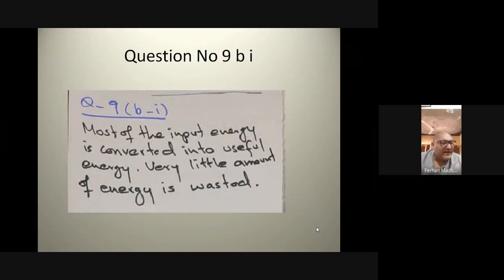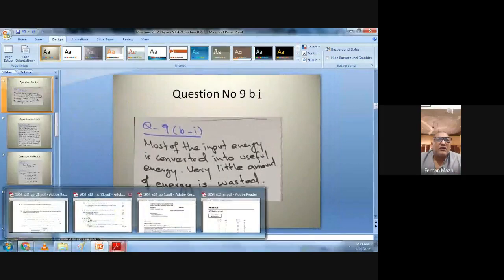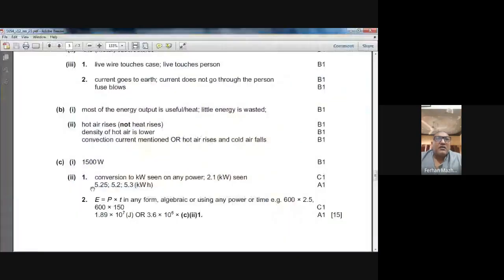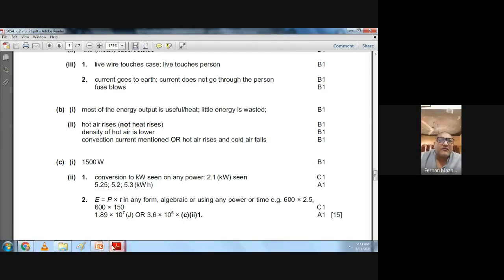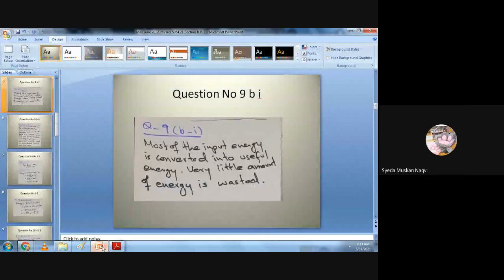When you are done, kindly let me know. Done, sir. Most energy output is useful. The useful here is heat. Little energy is wasted. That's what the marking scheme is saying. Are you done? Yes, sir.